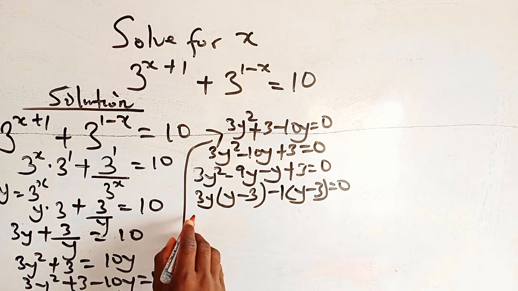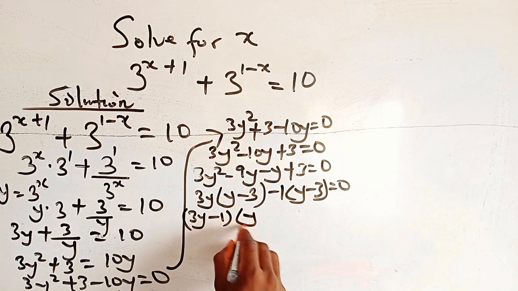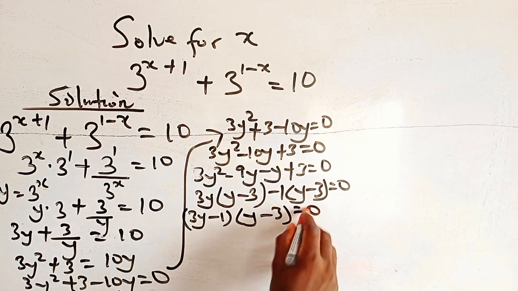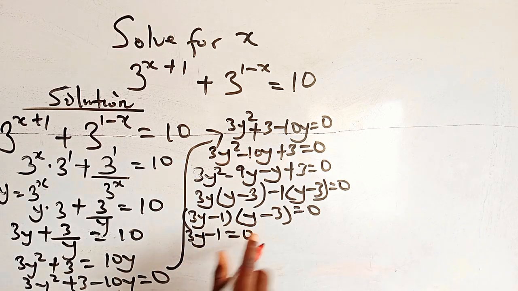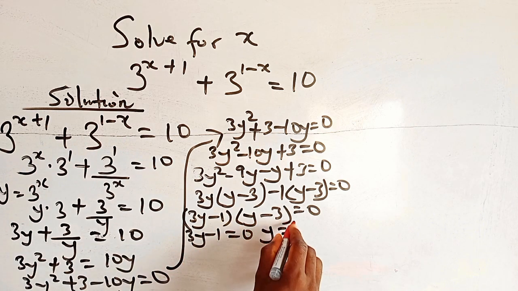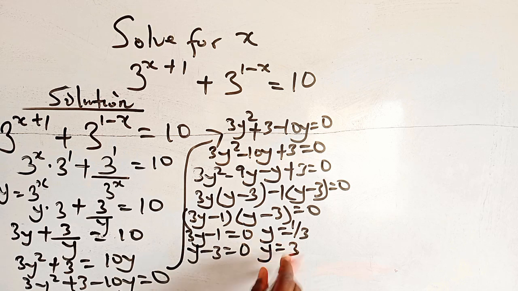So we have 3y minus 1 times y minus 3 equals 0. For 3y minus 1 equals 0, y equals 1 over 3. For y minus 3 equals 0, y equals 3.